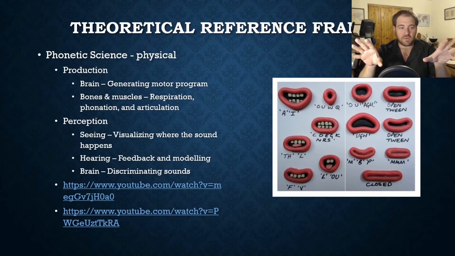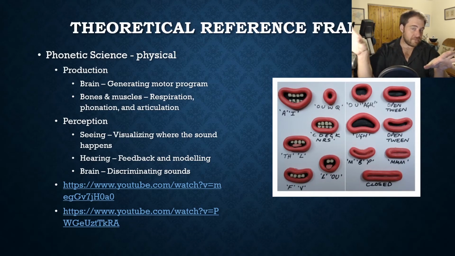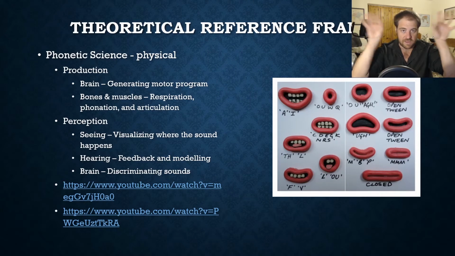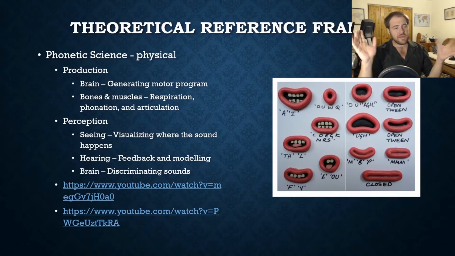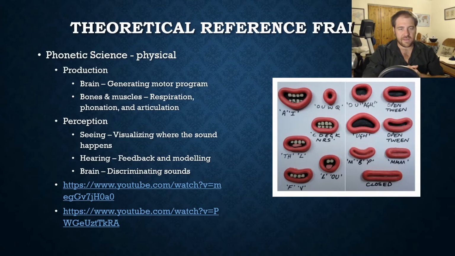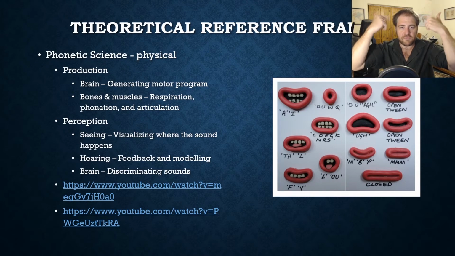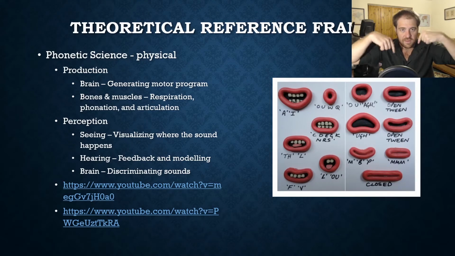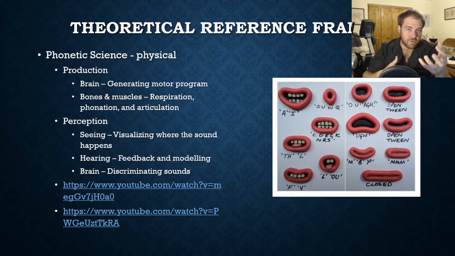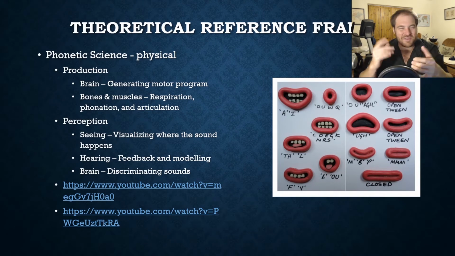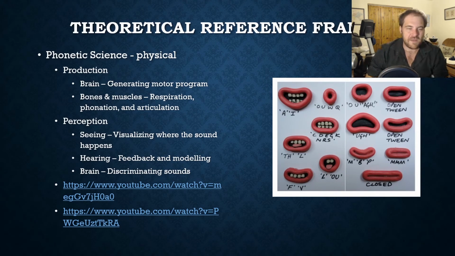This is where the phonological problems come in, because something isn't going right in the brain. Then we've got bones and muscles, and we've got the correct program from the brain. The correct motor program is coming down to the bones, to the muscles, which is going to move the bones in a certain way.